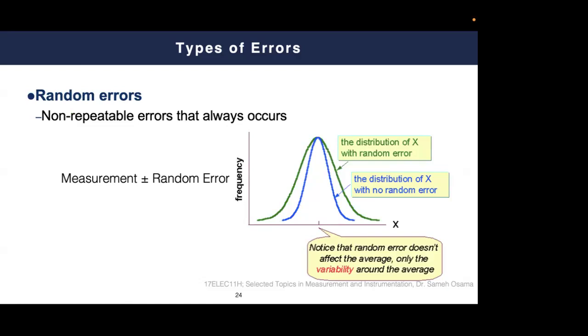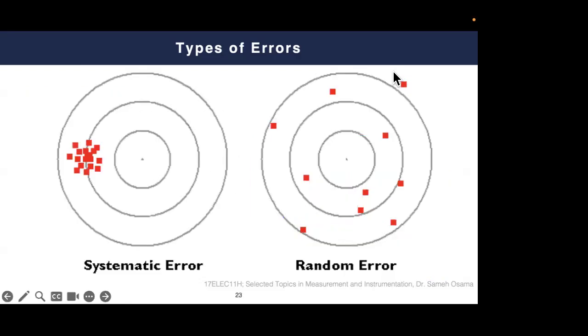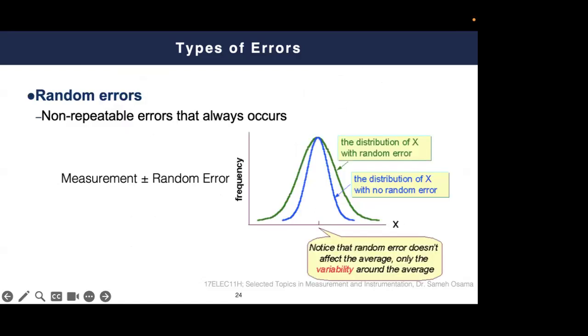However, it stretches the variance. Simply, as you can see here, the average of all these points is still in the middle, but the variation between the true value and the other values is very wide. So the average is still centered around the true value, but with a very stretched variance.